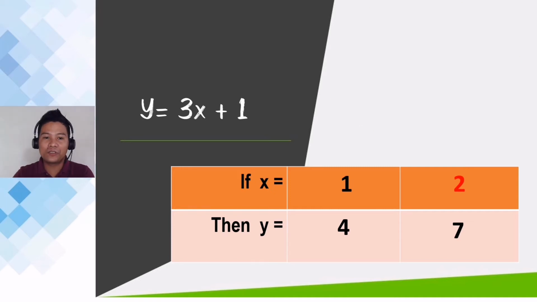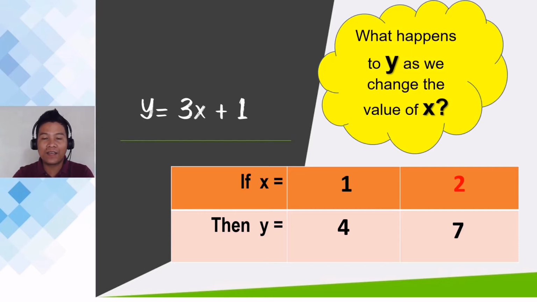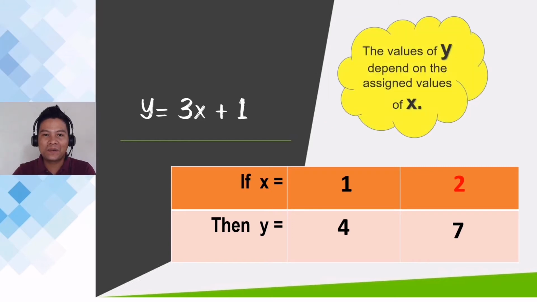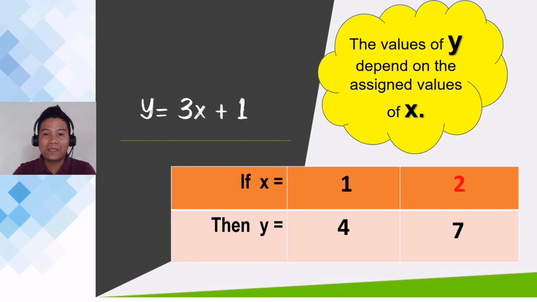I have a question for you. What happens to y as we change the value of x? Correct. The values of y depend on the assigned values of x. When we change the value of x, then the value of y changes.